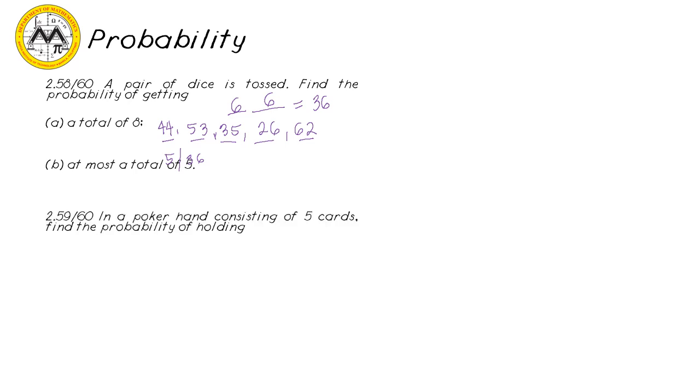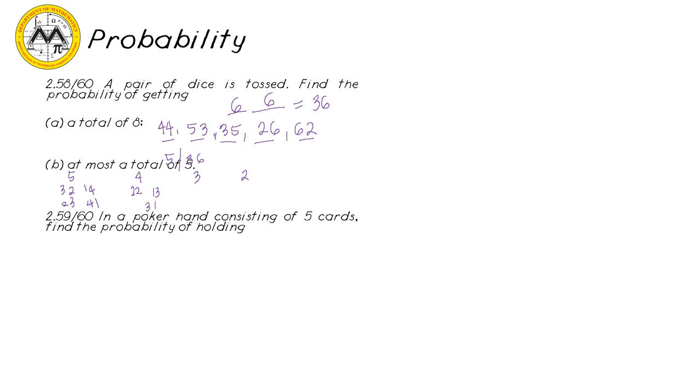At most, a total of 5. So a total of 5 means we can have a total of 5, 4, 3, and 2. A total of 5 means we can have 3-2, 2-3, 1-4, and 4-1. A total of 4 means we have 2-2, 1-3, 3-1.